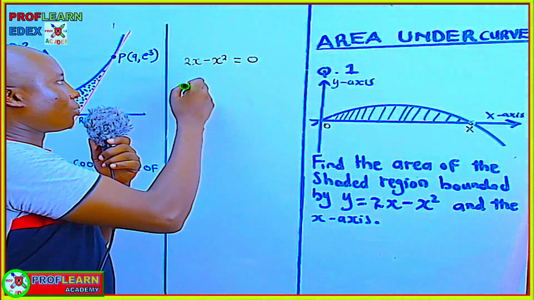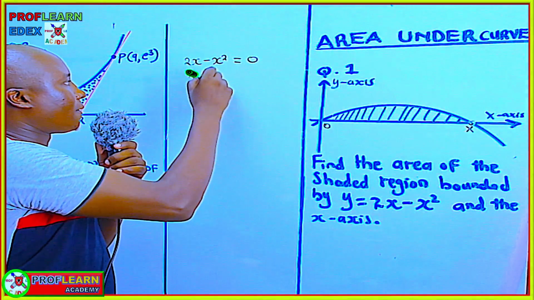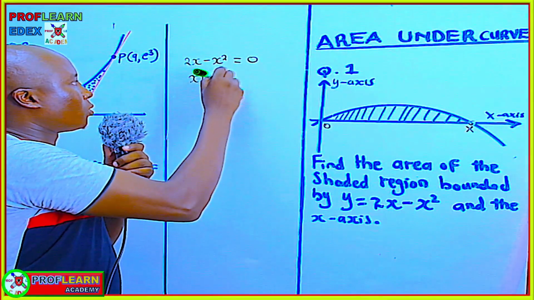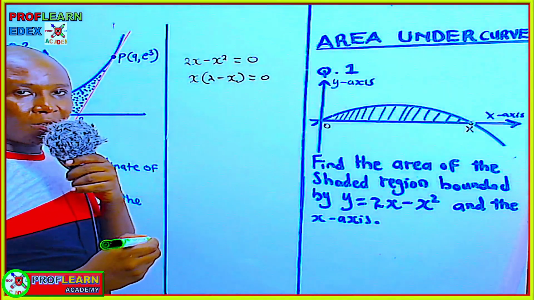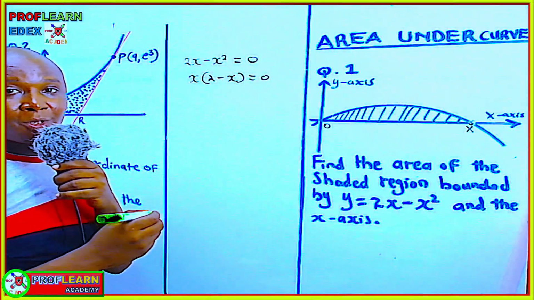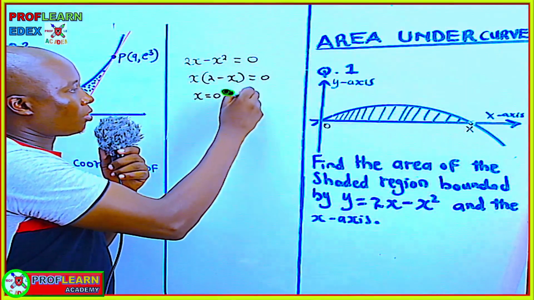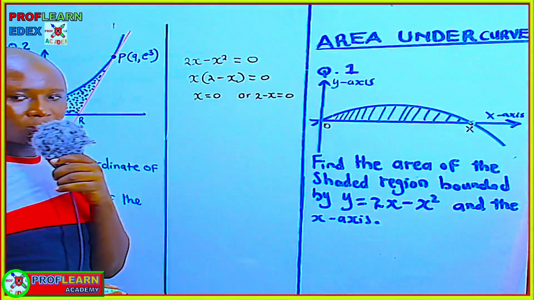We shall start by factoring x out, and we shall have x times 2 minus x is equal to 0. At this point, x is equal to 0, or 2 minus x is equal to 0.